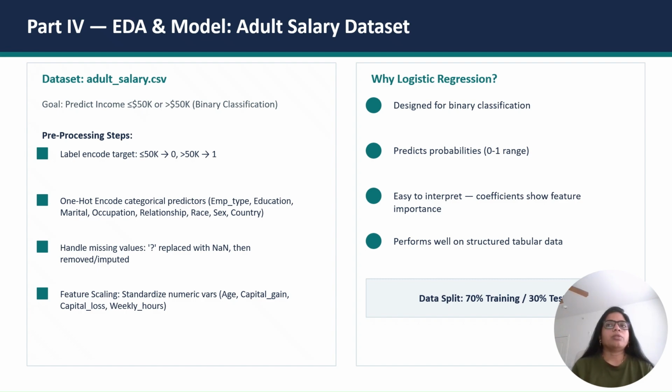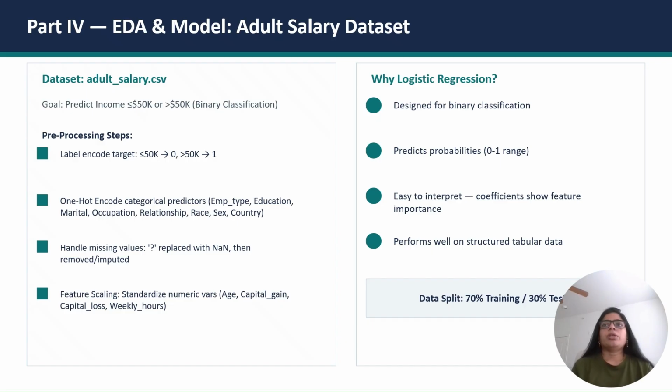Those values were removed or imputed so that the data is ready for modeling. Next, we did feature scaling to standardize the numerical variables for logistic regression: age, capital gain, capital loss, and weekly hours.